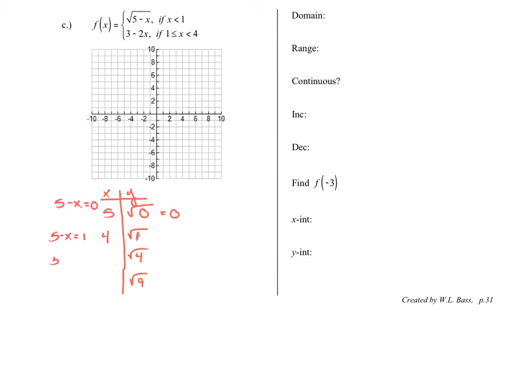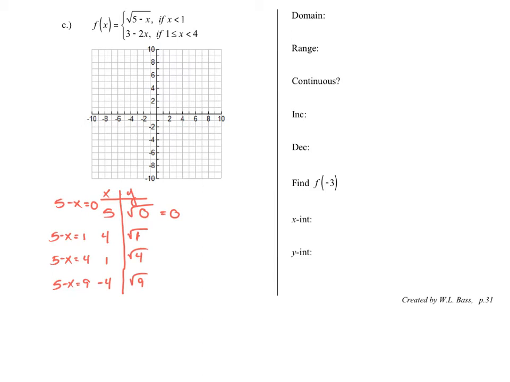I need my 5 minus x to equal 4, and that means I'm going to choose an x value of 1. And for 5 minus x equal to 9, I'm going to choose an x value of negative 4.